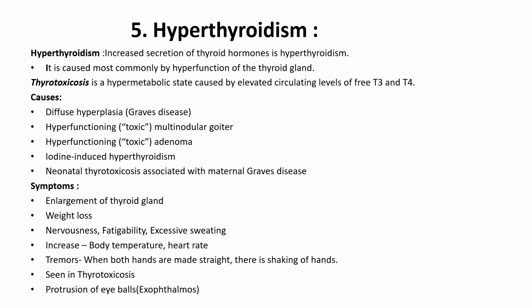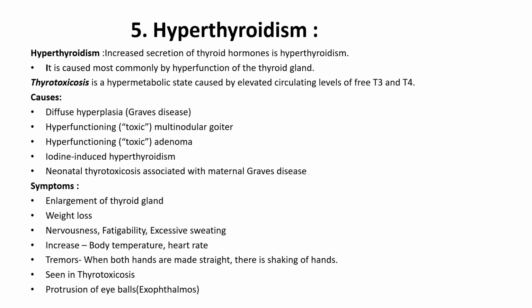Hyperthyroidism is increased secretion of thyroid hormones. It is mostly because of hyperfunction of the thyroid gland. Thyrotoxicosis is a hypermetabolic state of elevated levels of T3 and T4. The causes of hyperthyroidism are diffuse hyperplasia, also called Graves' disease, toxic multinodular goiter, toxic adenoma, iodine-induced hyperthyroidism, or neonatal thyrotoxicosis because of maternal Graves' disease.